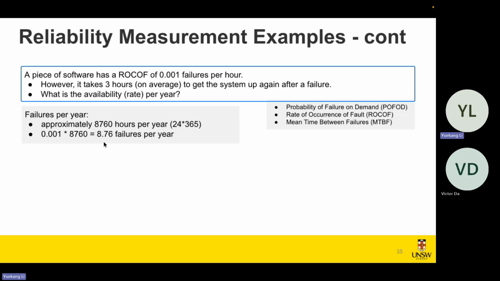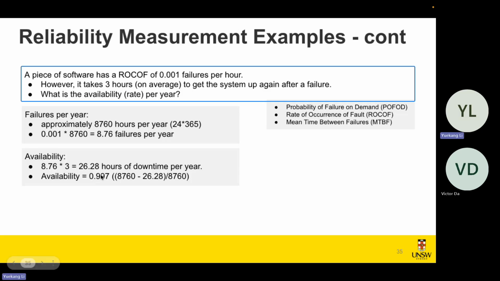So the downtime could be calculated by 3 times 8.76, right? And we can use the total number of hours per year minus the downtime, divided by the total number of hours in a year to calculate the availability, right?